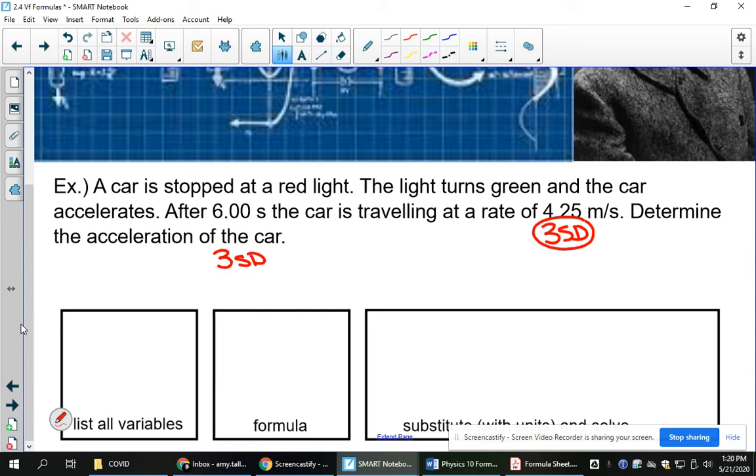If you thought that stopped was a pretty important word, you're correct. If the car is stopped to start with, what is the car's initial velocity? 0. If you're stopped, you don't have any speed. Then after 6 seconds, it ends up going 4.25 meters per second.